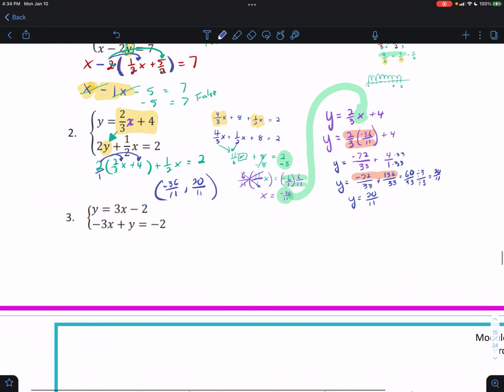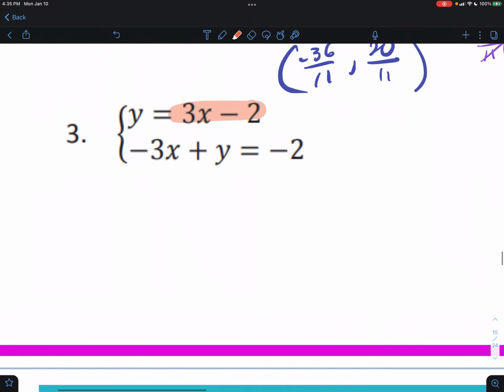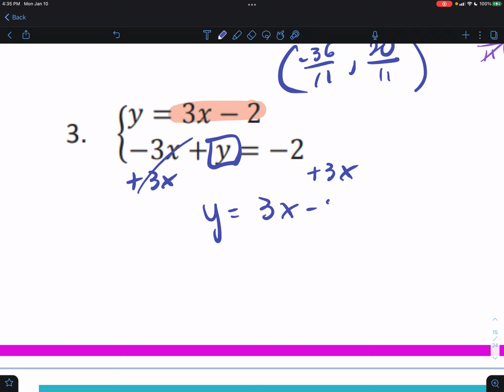Okay, and then the last one here, number 3, I have y equals 3x minus 2, and on the bottom I have -3x plus y equals -2. Now there is an easy way to see what's going on with these two. If I solve this one for y by adding the 3x to both sides, I'll get y equals 3x minus 2, which is the exact same thing as this equation.